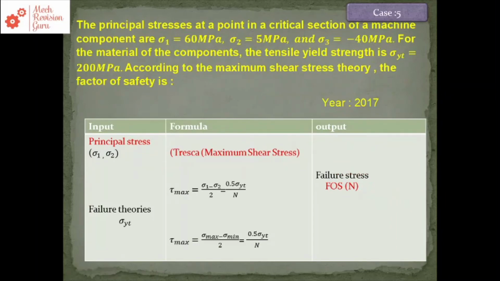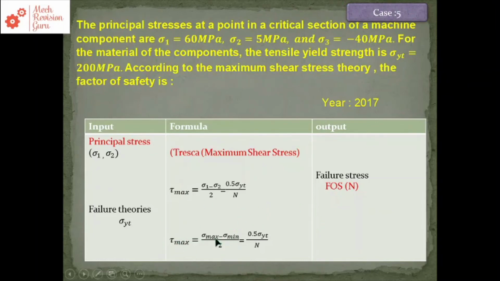In the case 5 problem, here also three principal stresses are given. They also gave the yield stress, and the failure theory. The output is the factor of safety. Whenever three principal stresses are given, we have to use the second formula.